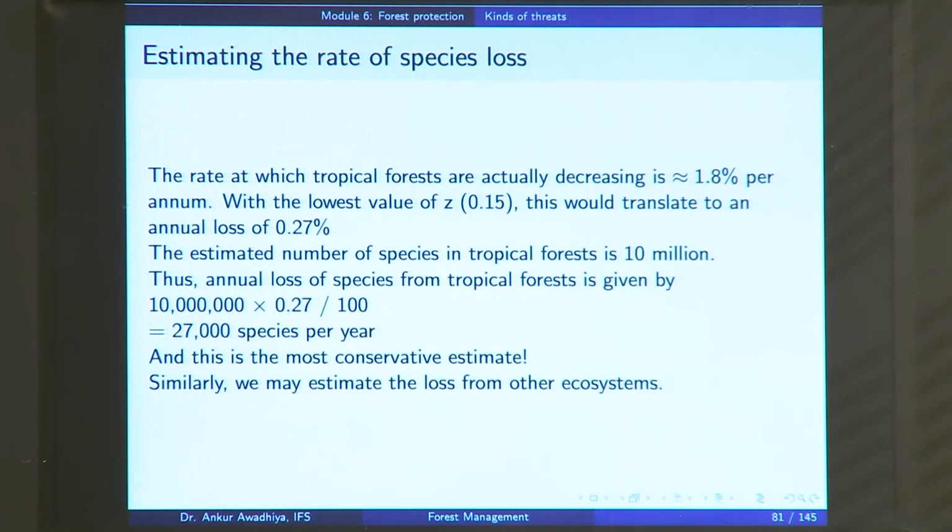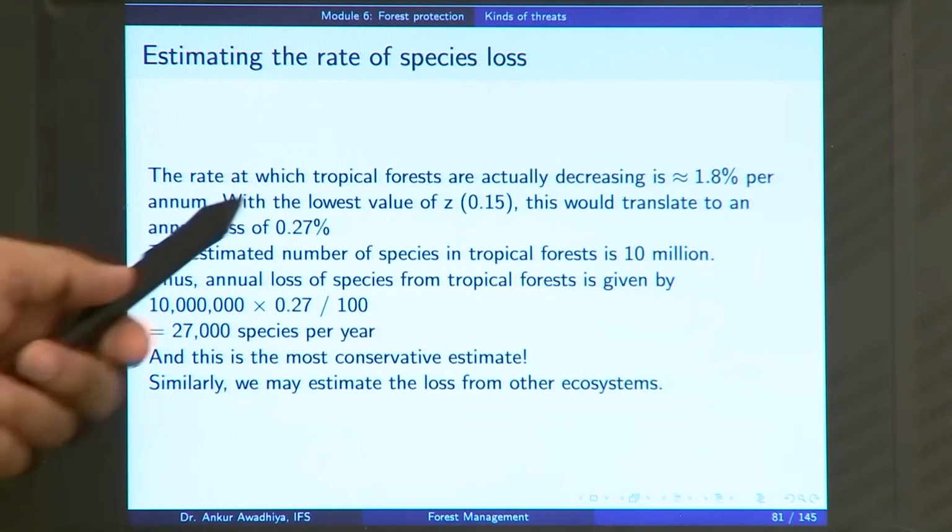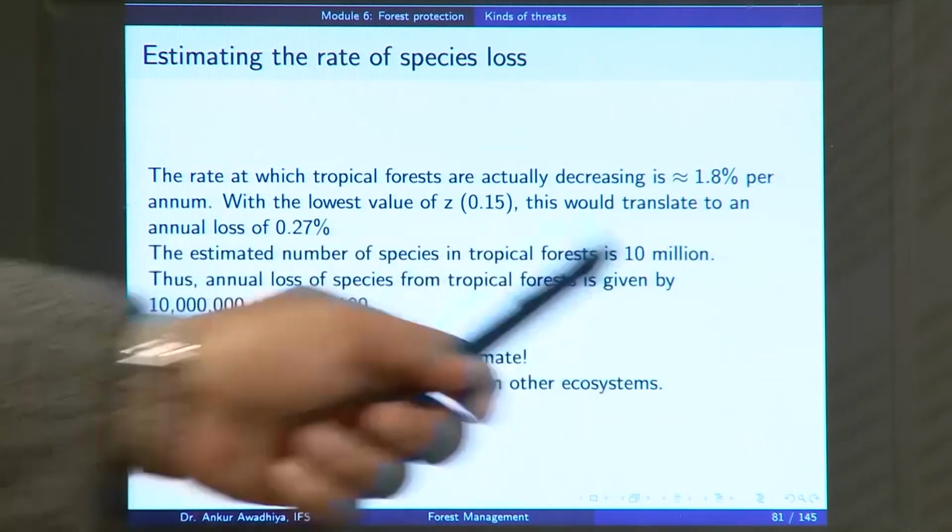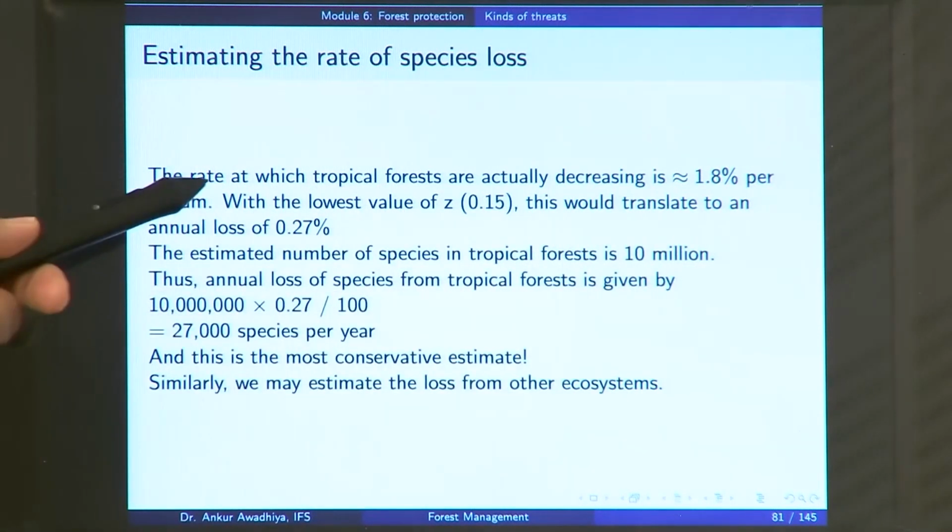Now, this annual loss of 0.27%, because you have roughly 10 million species in the forest, corresponds to 27,000 species in a year. So, even with a very conservative estimate with the lowest value of z, we are able to see that there is a loss of 27,000 species in a year just in the tropical rainforests.